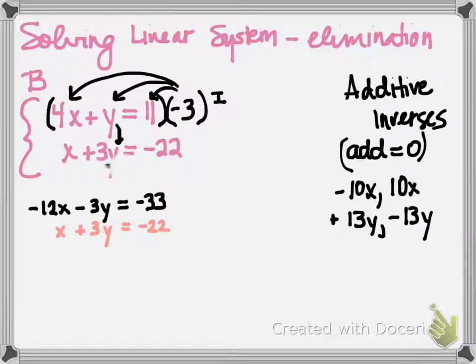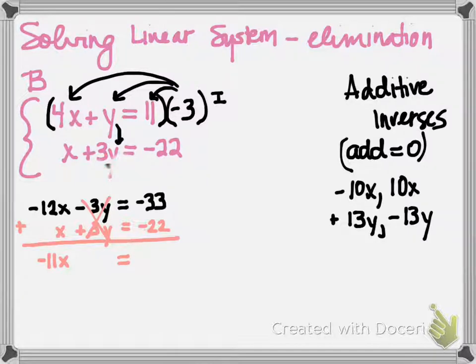Yes. So we are just going to add the like terms vertically. Negative 12x plus x, negative 11x, negative 3y plus 3y, 0y, so it's gone. We eliminated it.